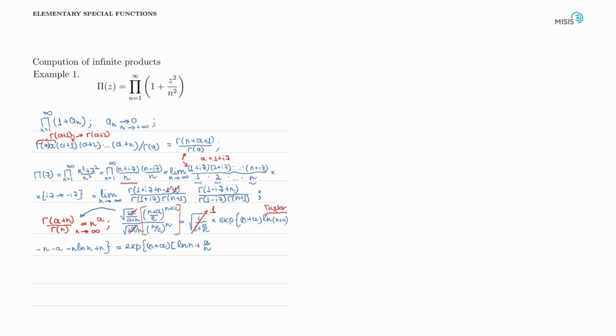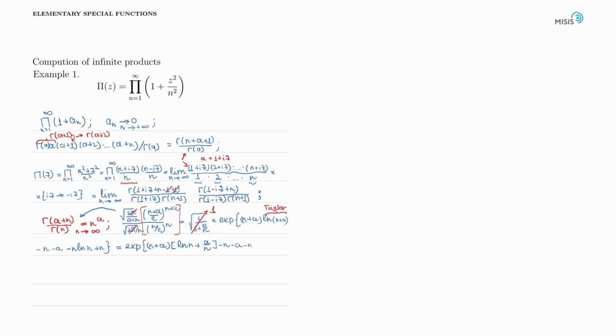This is the first Taylor term. Then minus n minus a minus n logarithm n plus n. And now we cancel everything, like minus n and n.